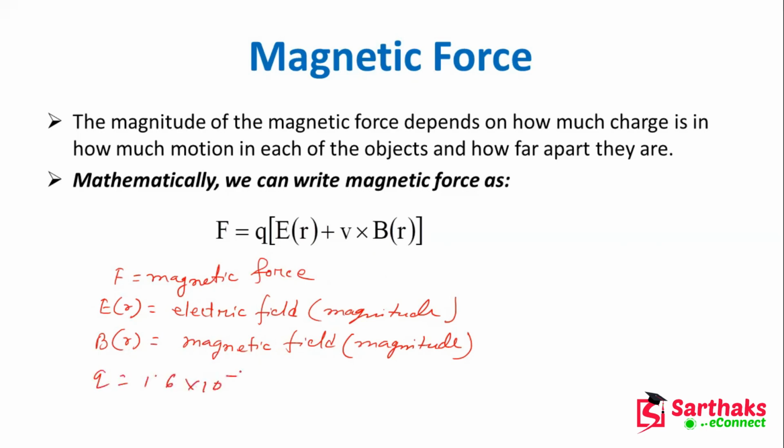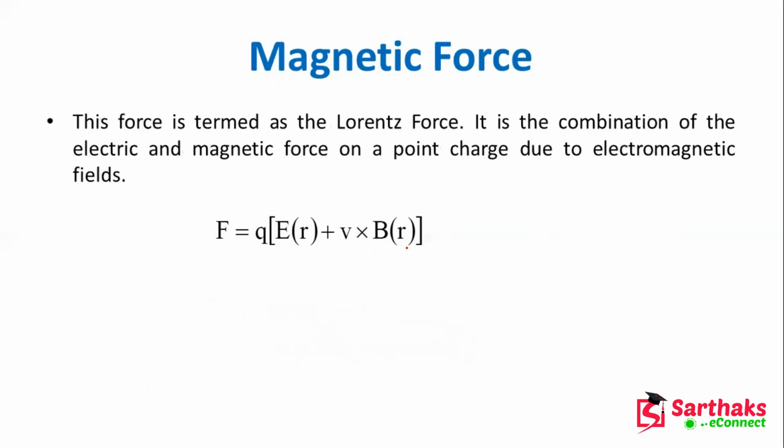Okay, so mathematically we can write that F equals Q into, where Q is 1.6 into 10 to the power minus 19, whatever the Q you are keeping here, E plus V into B. So the magnitude of the magnetic force depends on how much charge is in each of the objects, how much motion, and how far apart they are, right? So how much motion you have also depends.